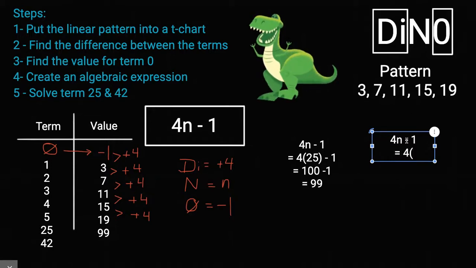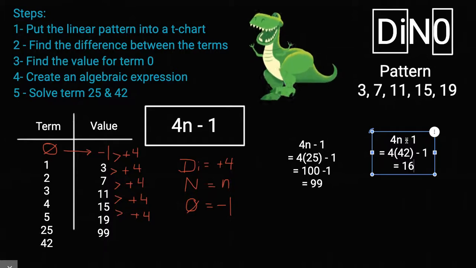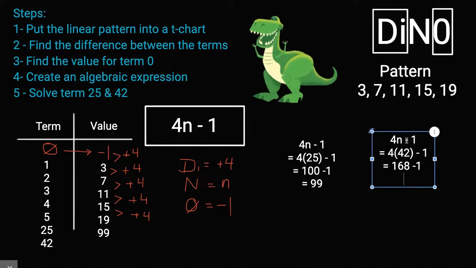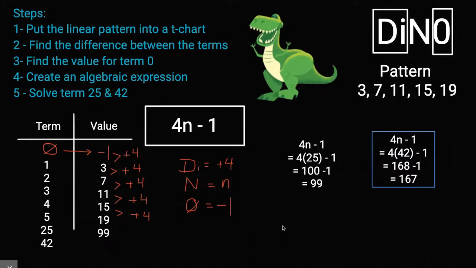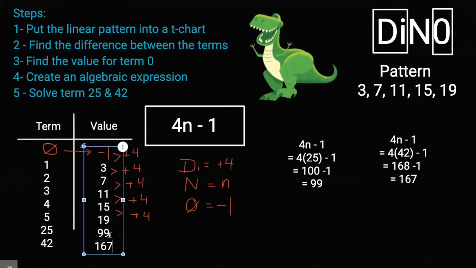So 4 times 42 minus 1. 4 times 42 is 168, minus 1. 168 minus 1 is 167. So when my term is 42, my value will be 167. Awesome. Question 4.